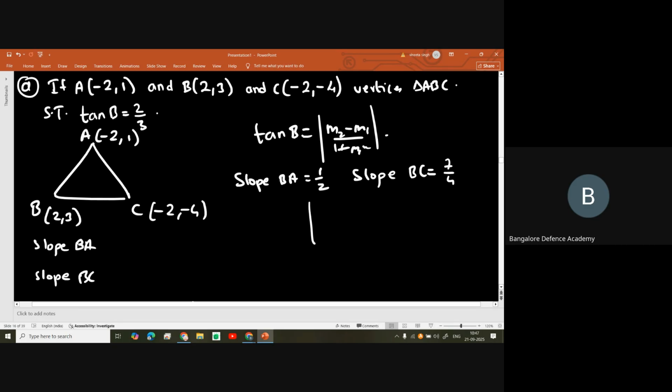Now solve it in this formula here. 7/4 minus 1/2, divided by 1 plus 7/4 into 1/2. This is tan B. Just check you get tan B is equal to 2/3.